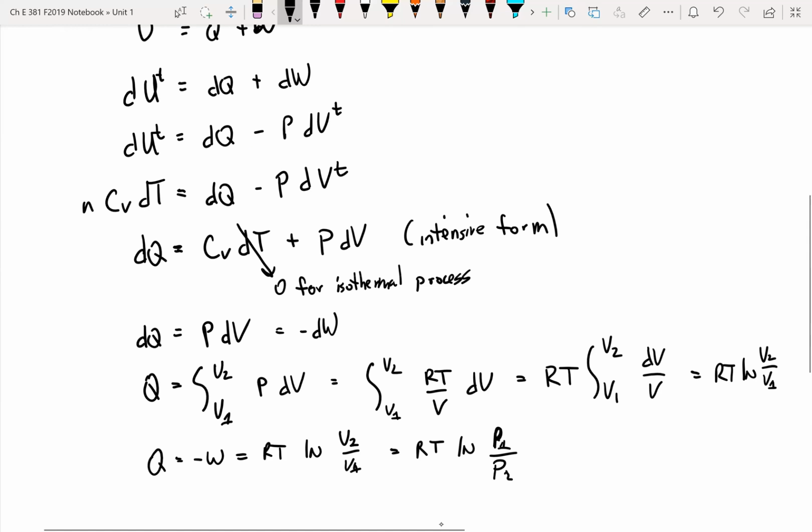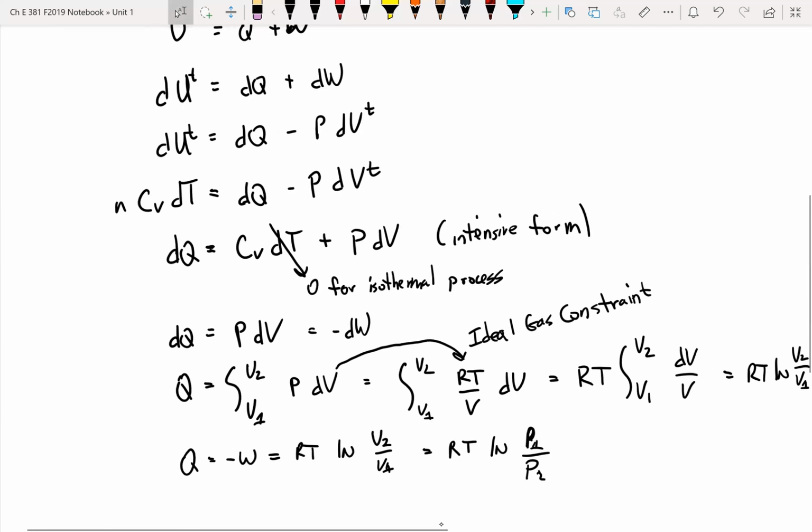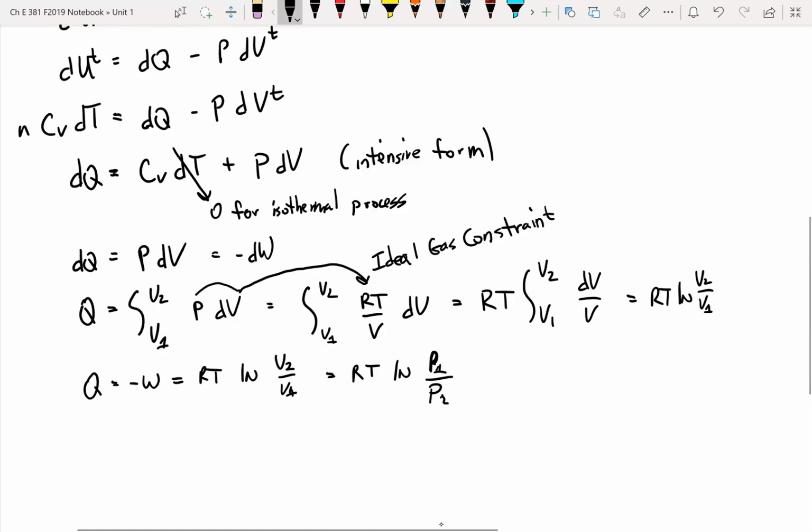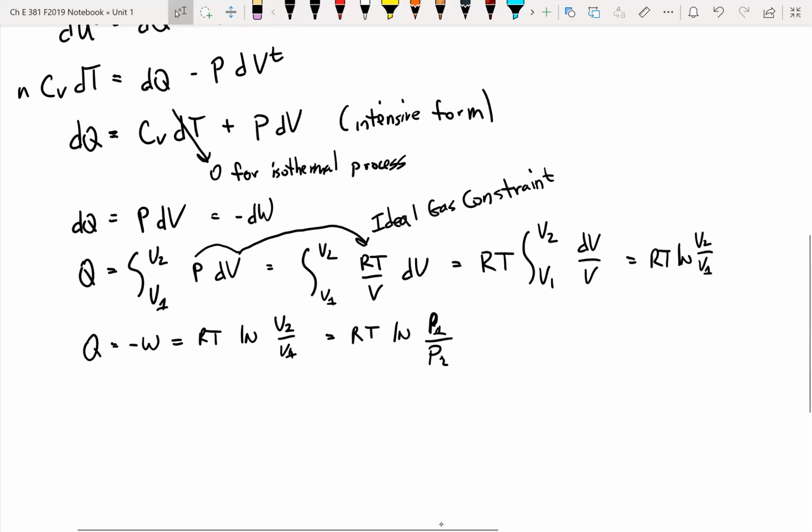So I'm making an ideal gas constraint here. Now, if you review these derivations in the book, they're actually in a section where it says relationships for ideal gases. You still with me?